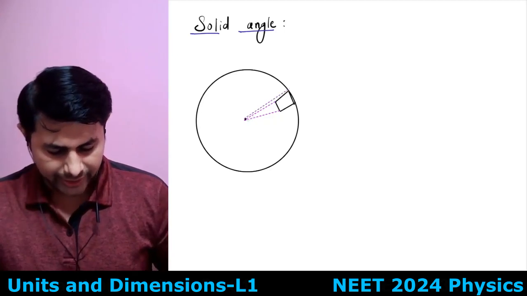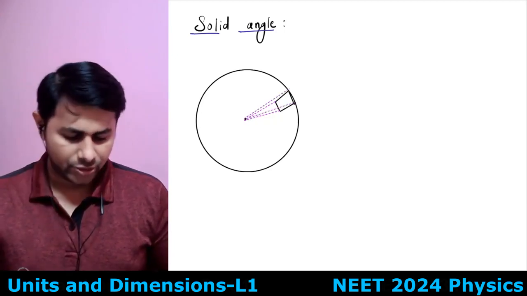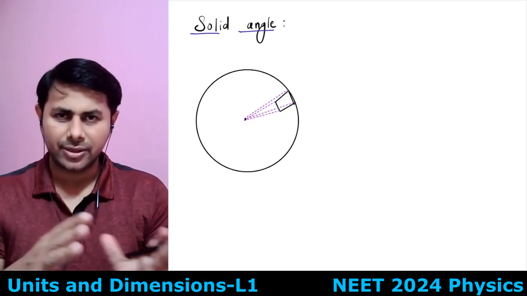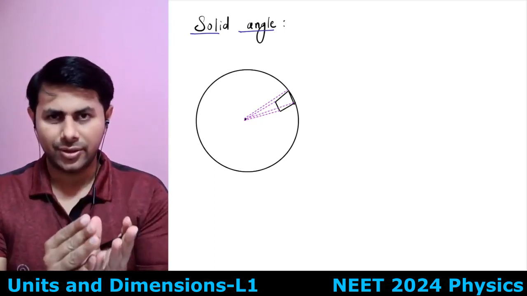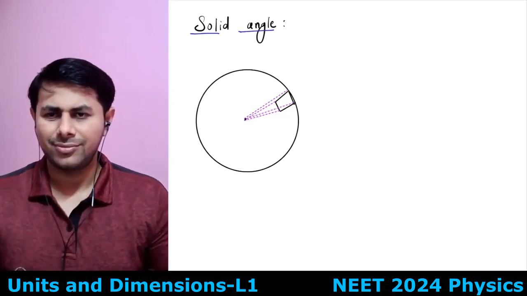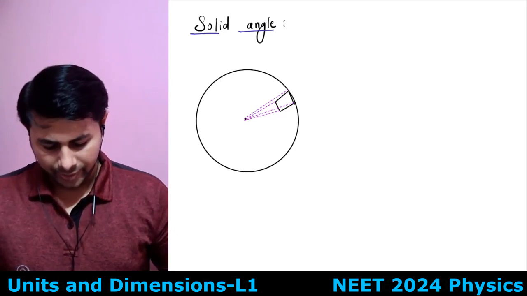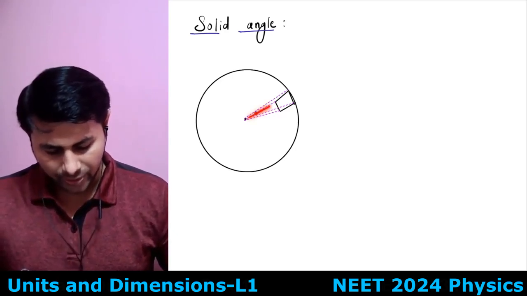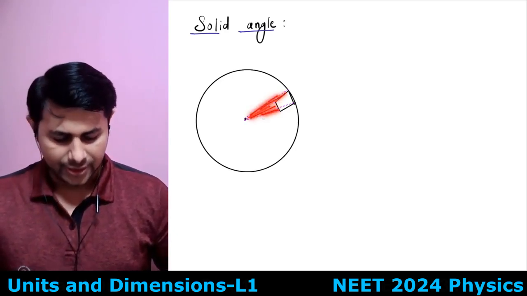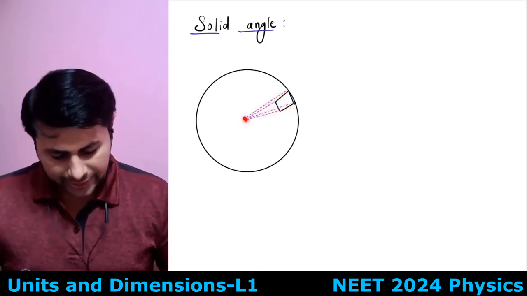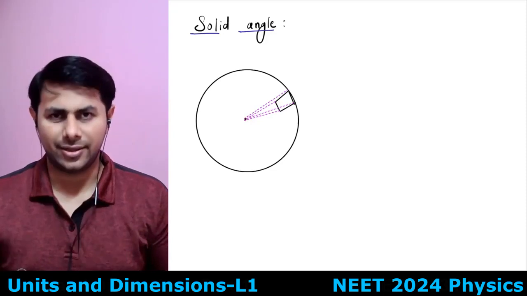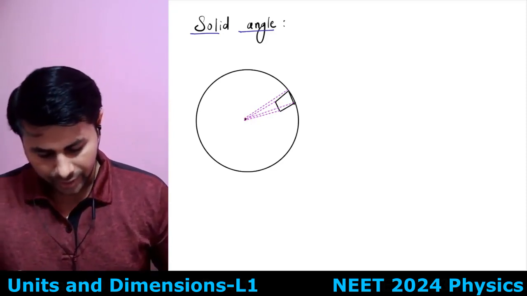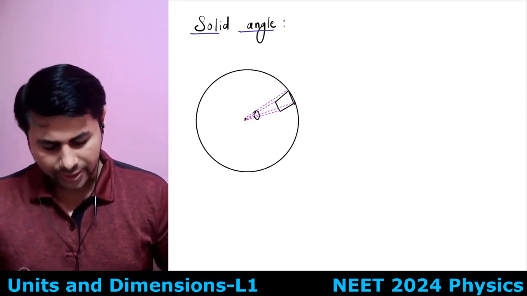I have joined 4 points only, but let's say I join each and every point. What do I get? I will get a cone. Yes or no? Yes, sir. So if I join all points like this to the center of the sphere, I will get a cone, and that cone is called the solid angle.